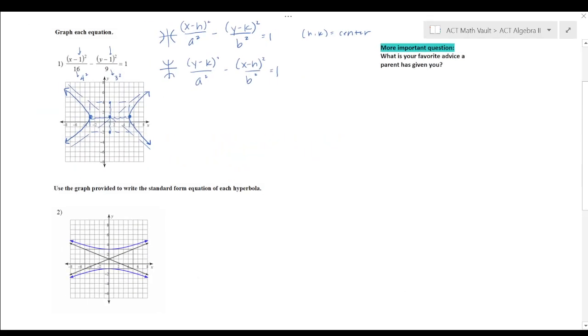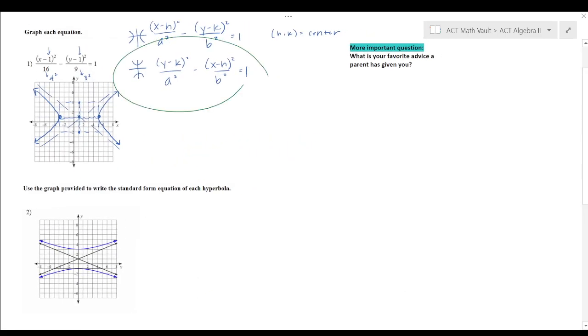I'll zoom out so we can see our notes here. It's going to look like this, okay? And we have to remember that the center is h, k, not k, h. Okay, so I'm just going to give myself a little template. It's going to be y minus something over something squared minus x minus something over something squared equals 1.